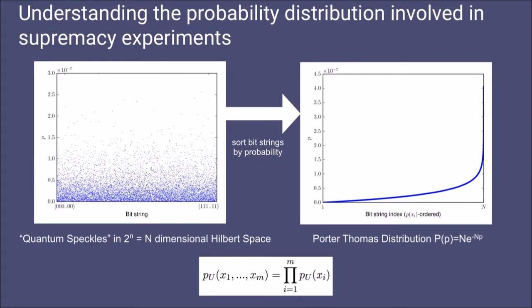And the task is to show that the samples from this probability distribution that your quantum processor produces are close enough to the ideal distributions that you wrote down on paper by defining your quantum algorithm, that no classical machine could produce samples of similar quality.